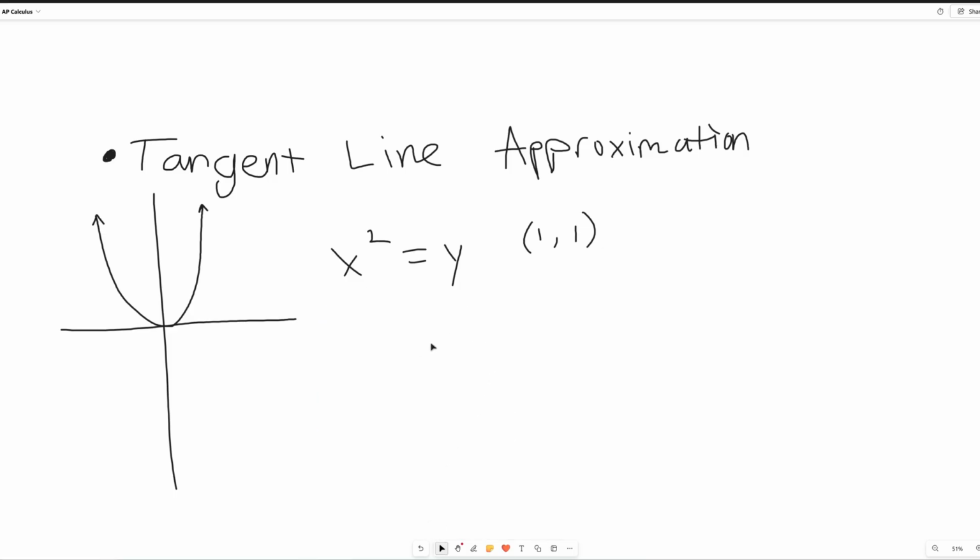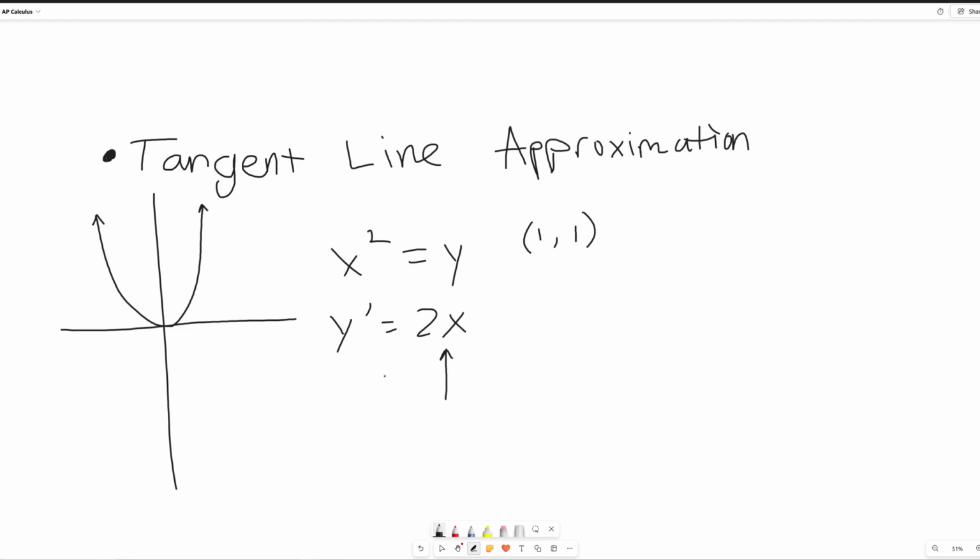So, to find a tangent line, you need, of course, the point, and then you need the slope. To find the slope, as you can imagine, you take the derivative. So y prime equals 2x. At x equals 1, that is going to be the slope for this function because this is the derivative.